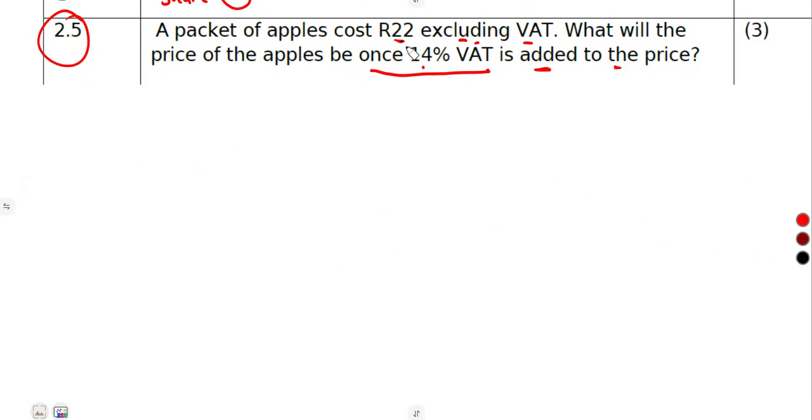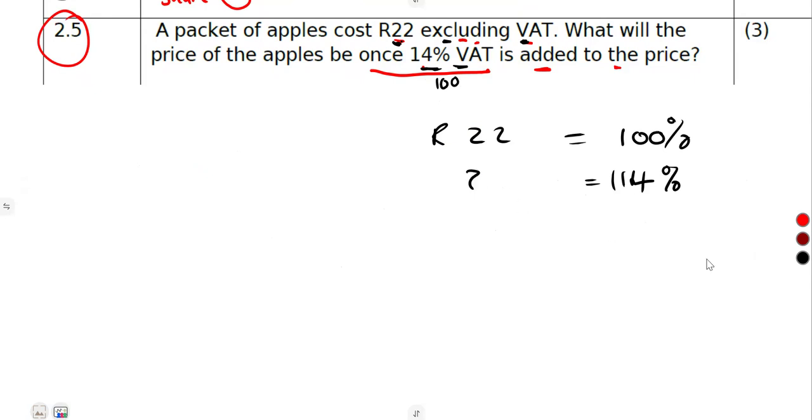Or you can simply say, excluding VAT, this price is at 100%. Once you include the value added tax, you add, so it's going to be 100 plus 14, which is 114%. Here it was excluding, here it's now having VAT, so the price is going to be more, definitely.